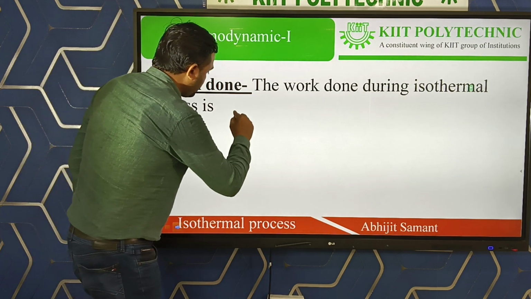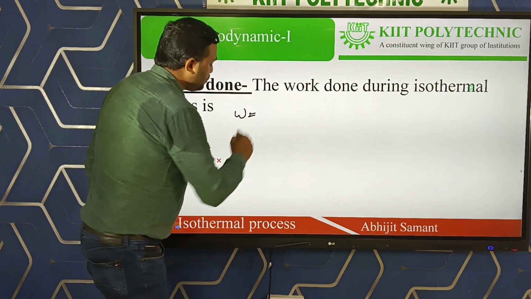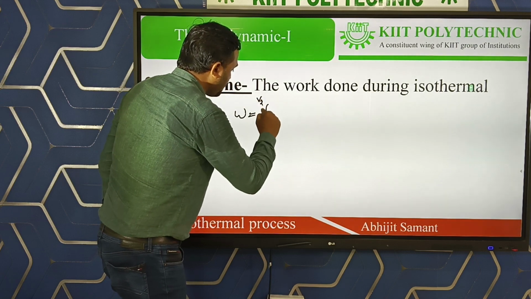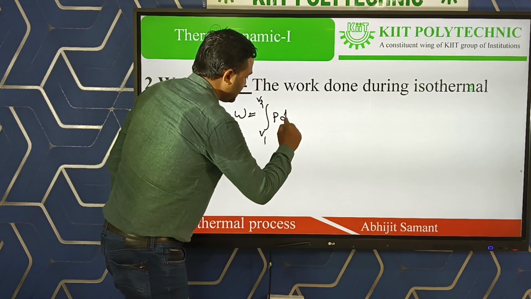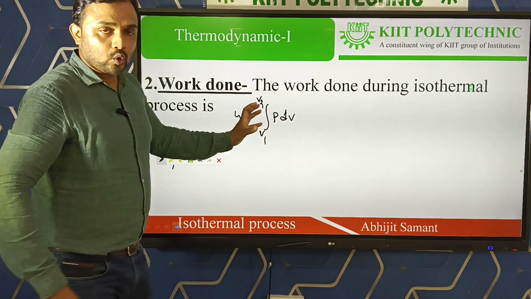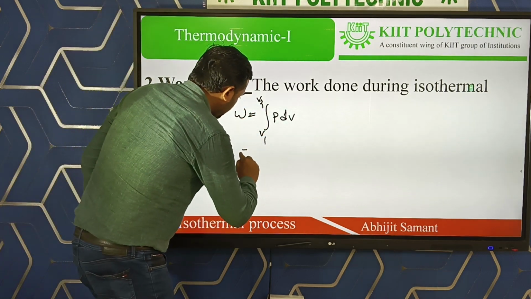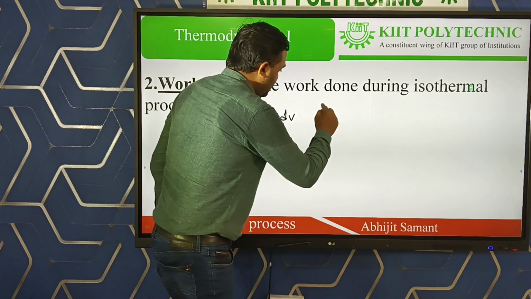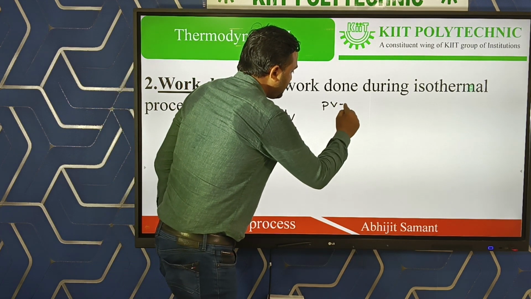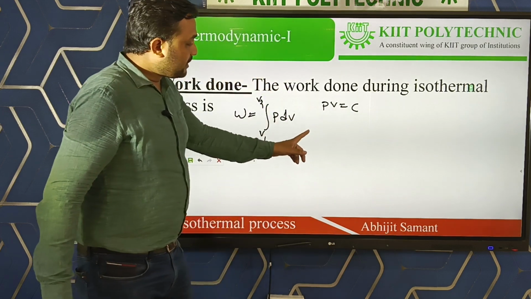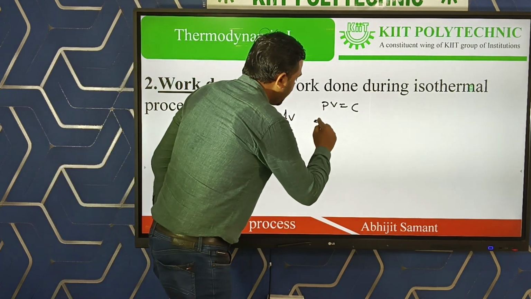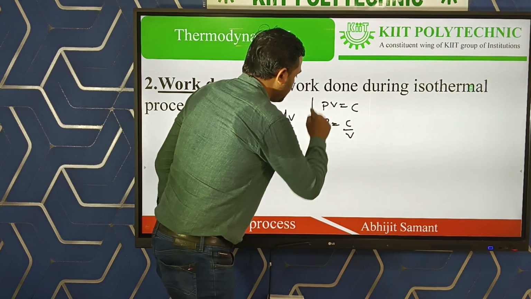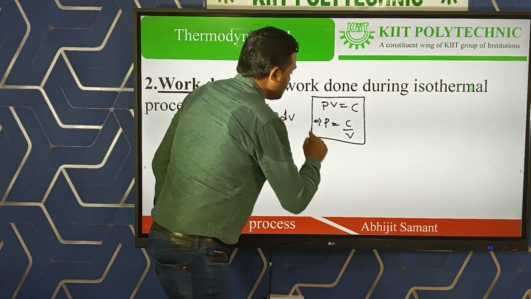We know that W is equal to the integral from V1 to V2 of P dV. This is the work done for a closed system. We also know that PV is equal to constant for an isothermal process, which implies P is equal to C divided by V. This we have to remember.